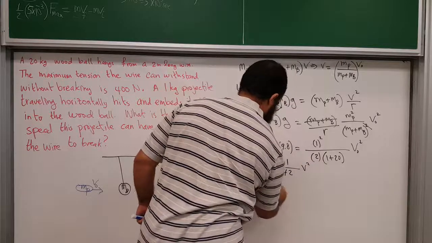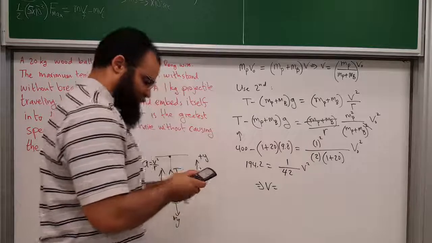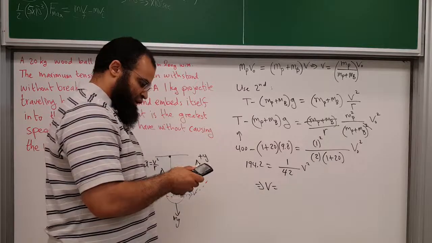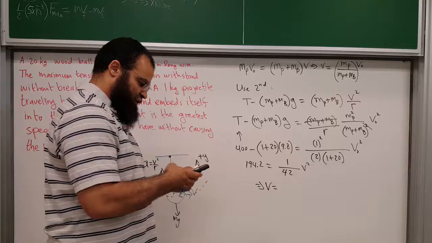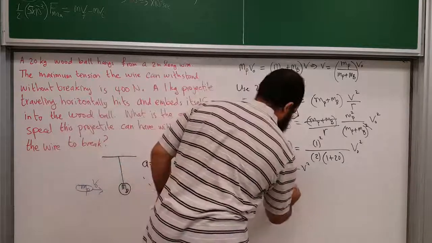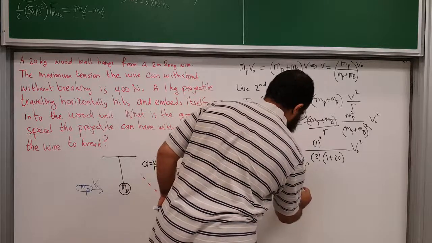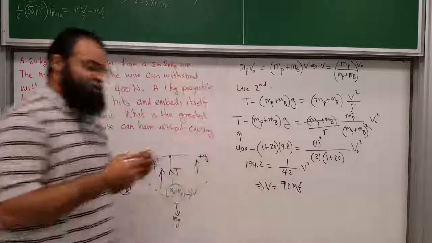So v will be 42 times this, and then you square root it. And I get 90.3 meters, about 90 meters per second. And that should be it.